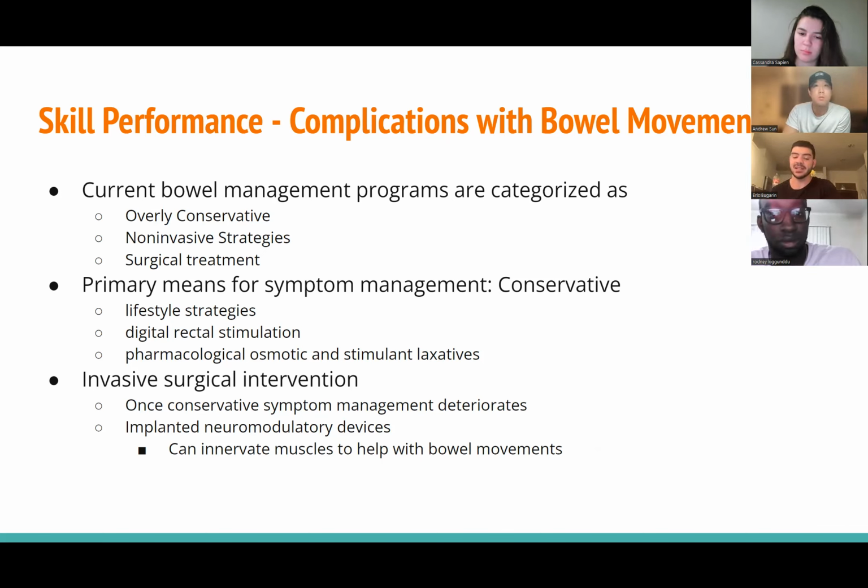And the disadvantage is going to be the simultaneous anal sphincter contraction, which can block directly emptying when it's stimulated. So basically, though it's stimulating to help with bowel movements, it can also block them at the same time.